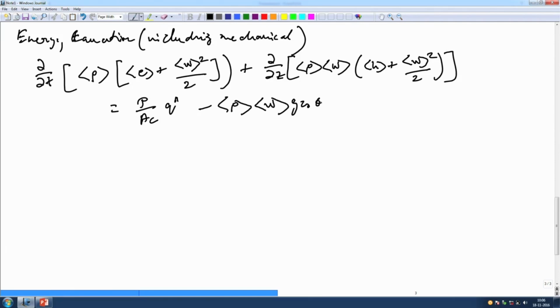So, this is g cos theta. Just one second. G cos theta. So, that is the net energy equation including the mechanical energy term.